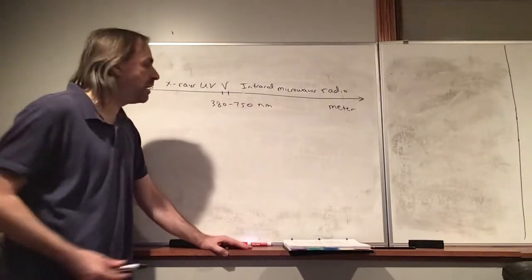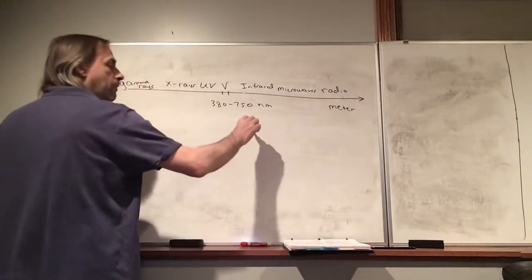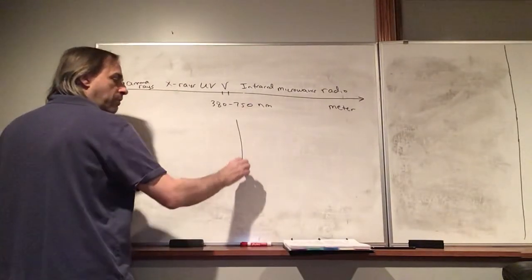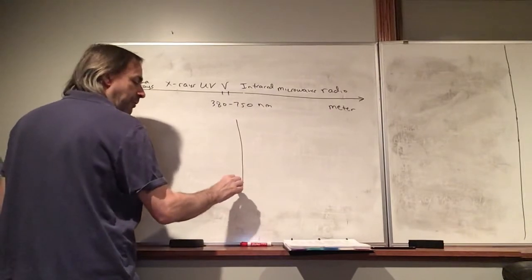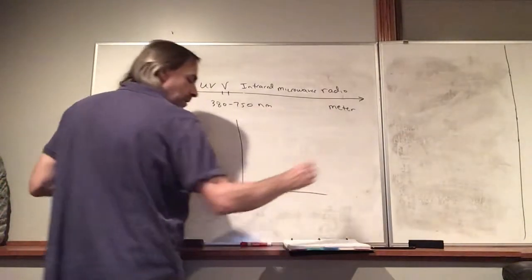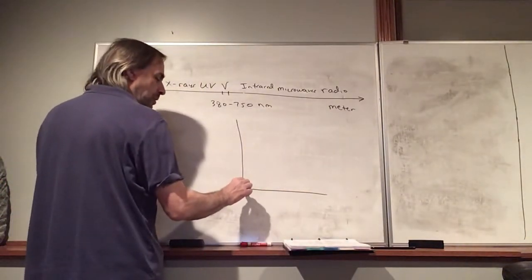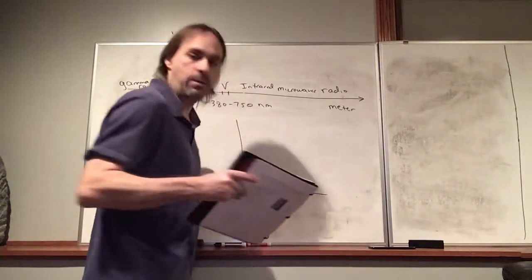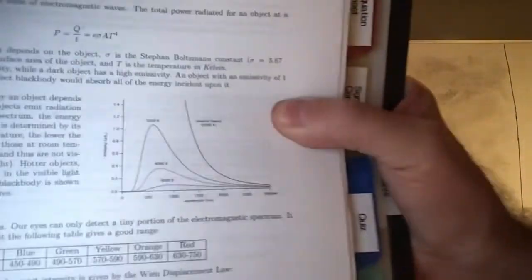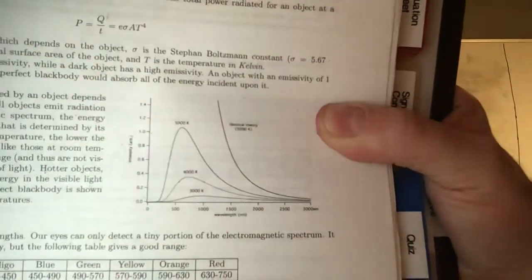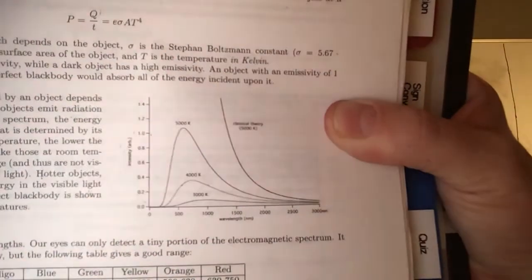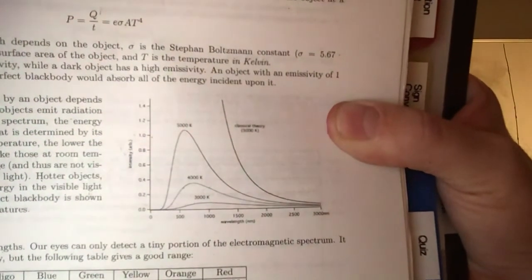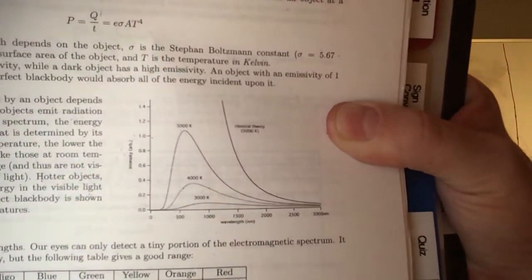So to get an idea of what radiation would look like from an object, I'm going to draw this picture. Maybe it would be better if I held it up. This picture is the electromagnetic spectrum for different objects at different temperatures.